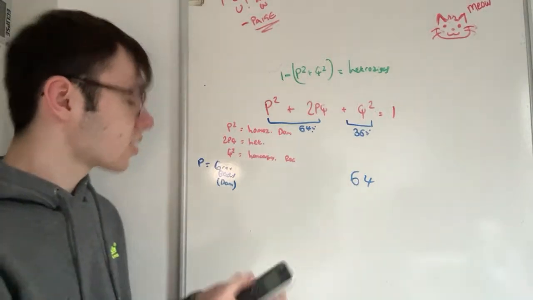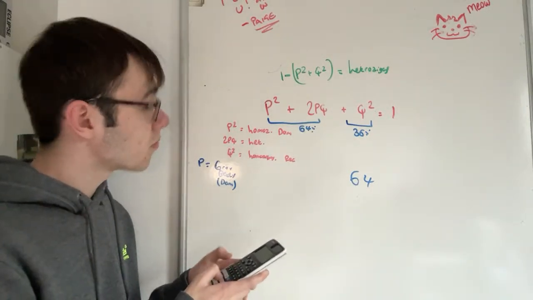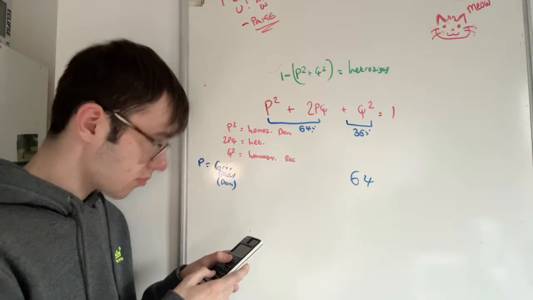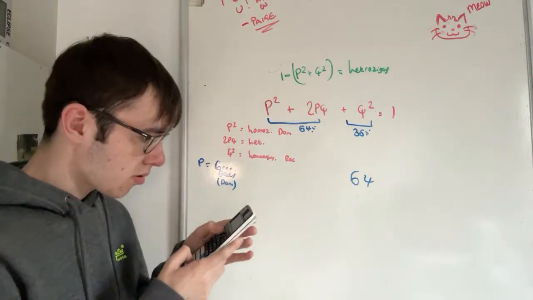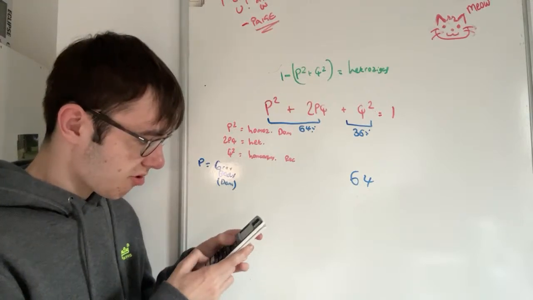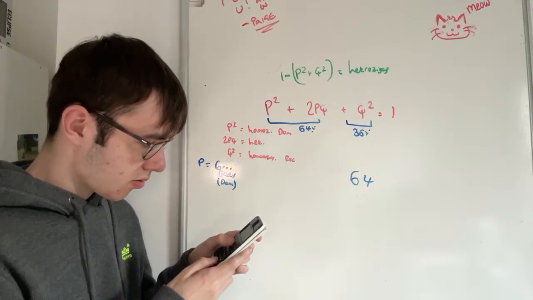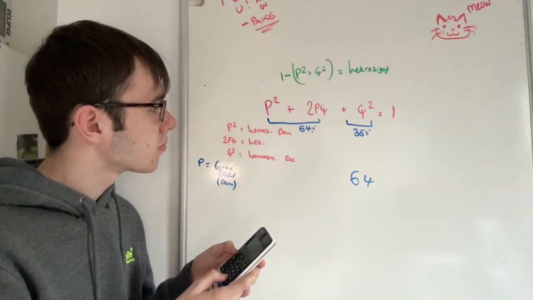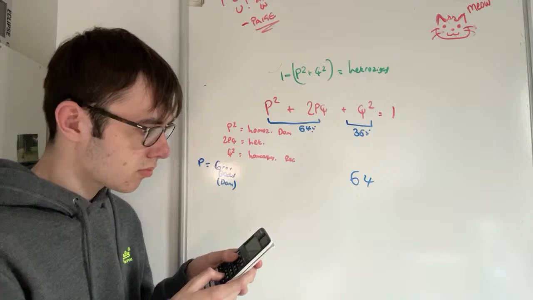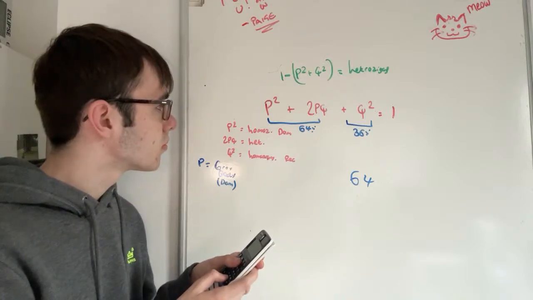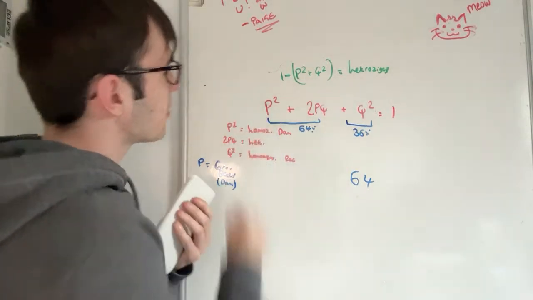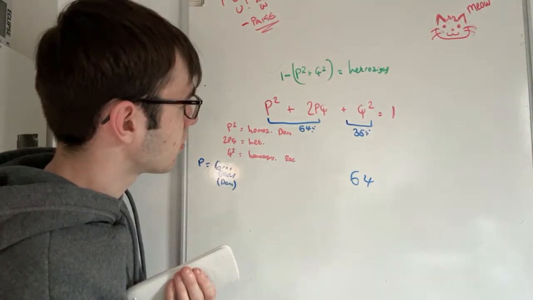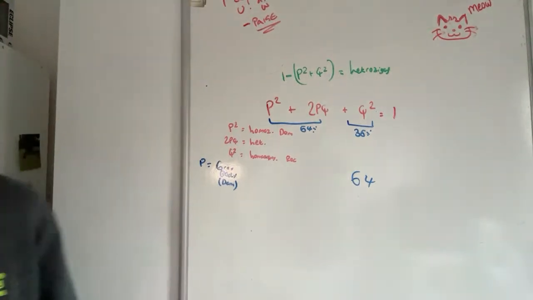So by that logic, 1 minus the square root of 64 plus the square root of 36 minus 13. Because we don't know what p squared is. Oh, what the heck?